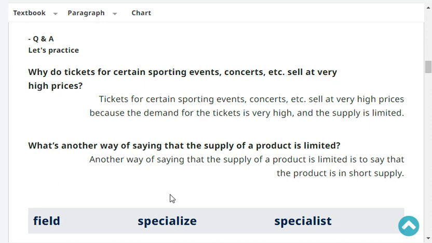What's another way of saying that the supply of a product is limited? Another way of saying that the supply of a product is limited is to say that the product is in short supply. Field, specialize, specialist, career path, skill set.